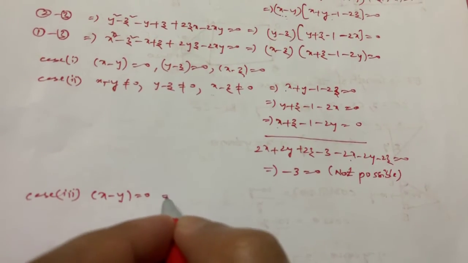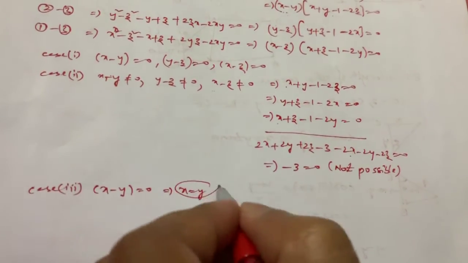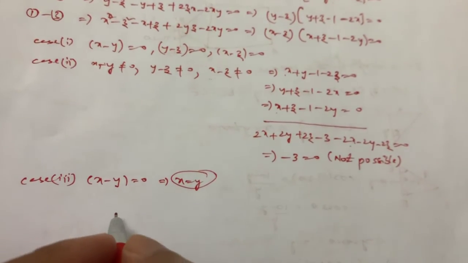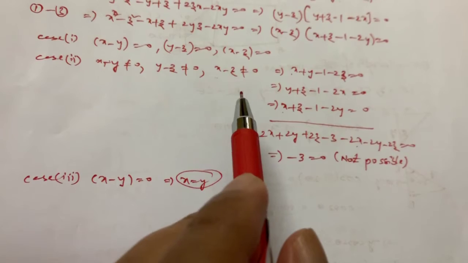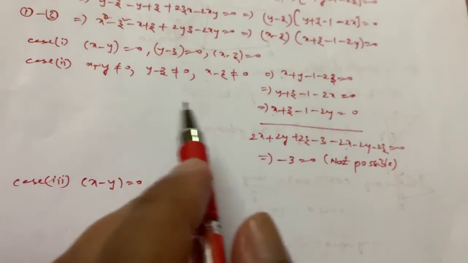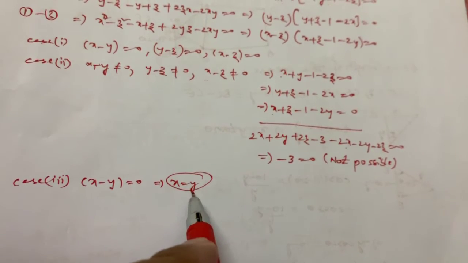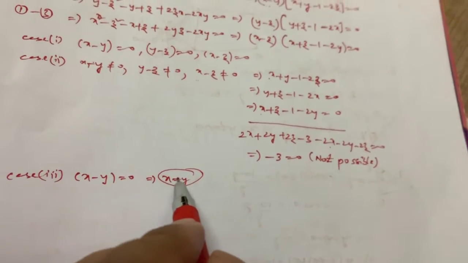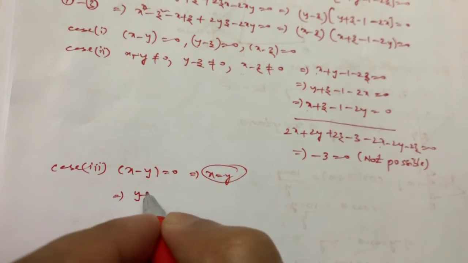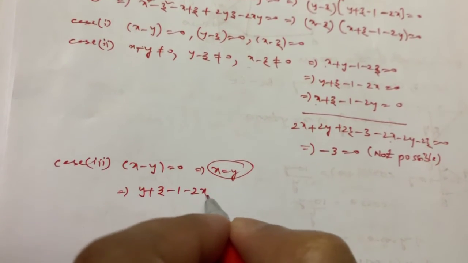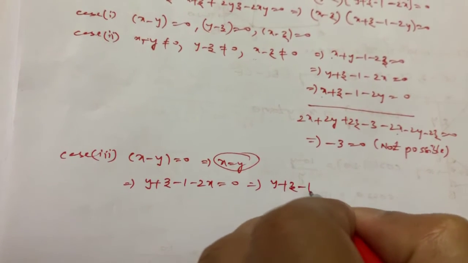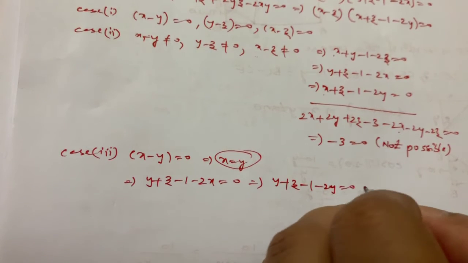If one is 0, we'll have x equal to y. If x equal to y, substitute in the other equations. I will keep the second equation, where z is there, and wherever x is there I will replace it with y. So y − z should not be equal to 0. Then y + z − 1 − 2x should be 0 clearly. So y + z − 1 − 2y is equal to 0.